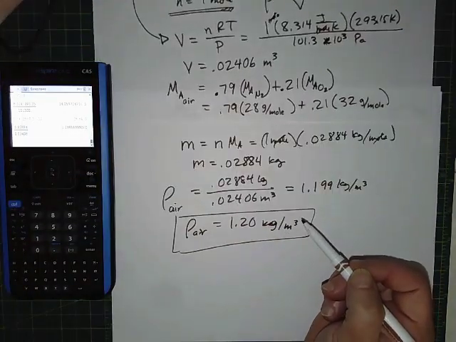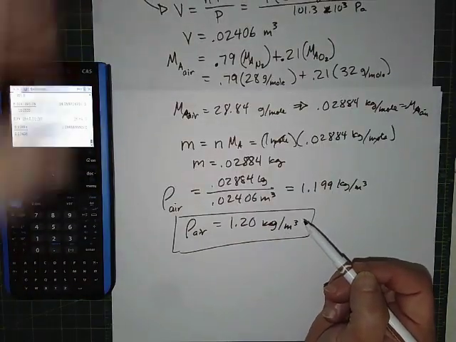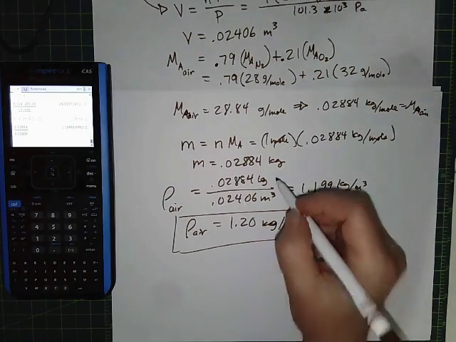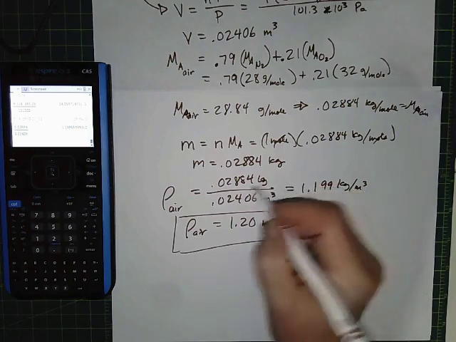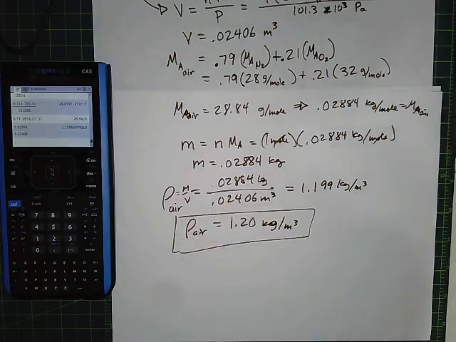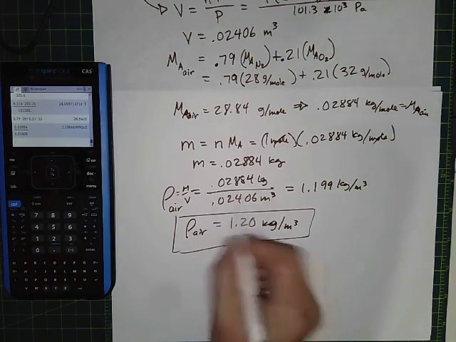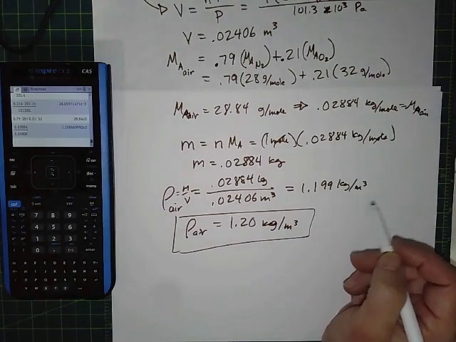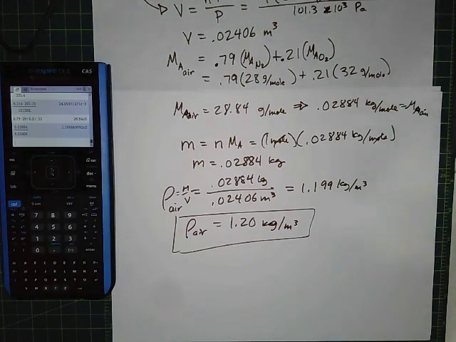And then that volume gets used here in mass over volume, so we have less density. If this number got bigger, then the density would be smaller. Hopefully that makes sense. It's thinner air when it's moving around and spread out, so we get less density.